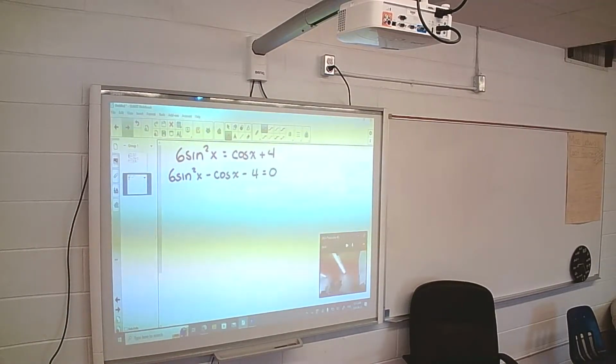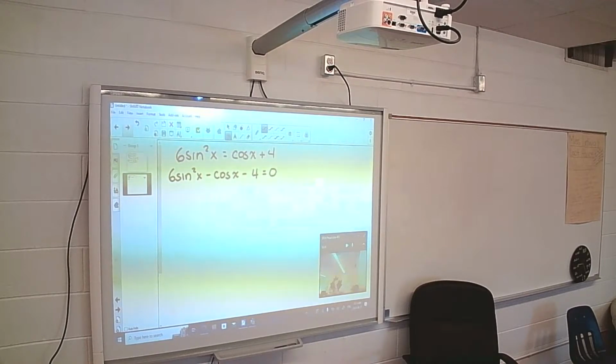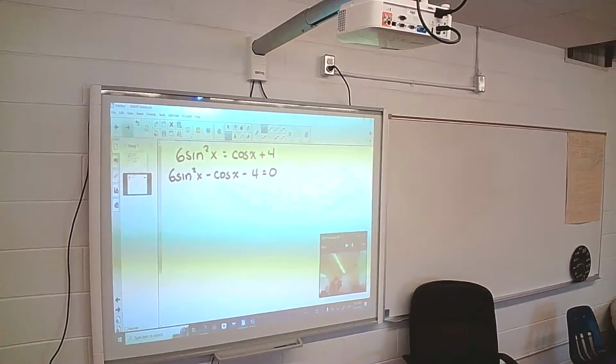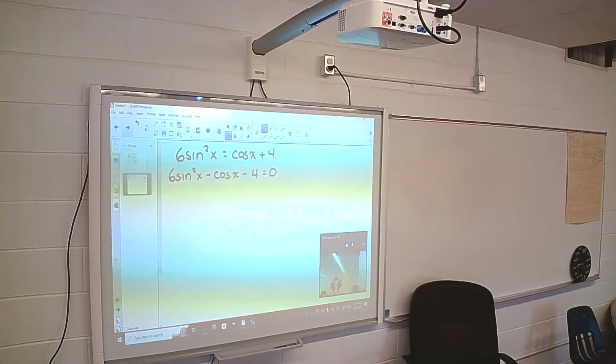It's the sine squared and the cos. That's the problem I have with it. I need to work either in sine or cos. I don't want to work in both. There's only one circumstance in which I would work in both of them. So can we change sine squared x?